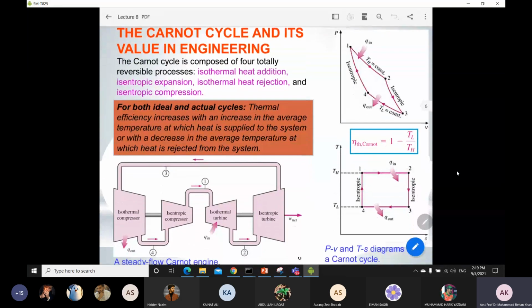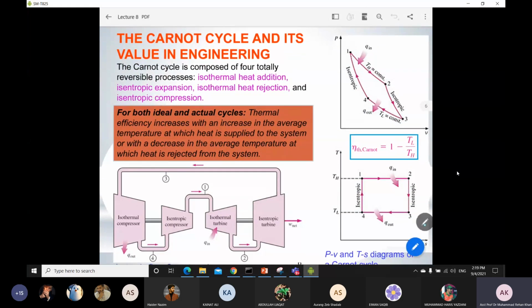Okay, so these are the clear diagrams shown over there, so you get a better idea about it. This is your PV diagram for the Carnot cycle, and this is your TS diagram. It is mentioned there: isothermal heat addition, expansion process, heat rejection, compression process.